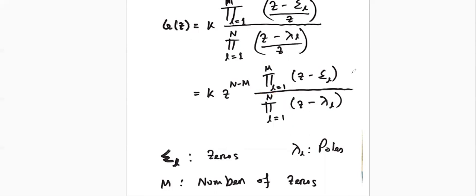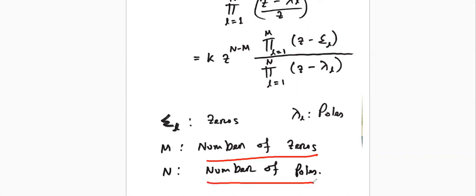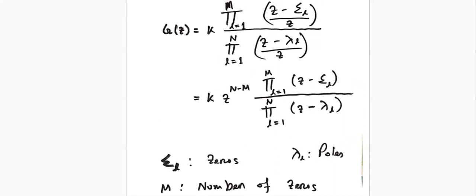Of course, by these, M shows the number of zeros and N shows the number of poles. By the equation, you can find it. However, we have another part here, that is Z to the power N minus M. How did we get that?